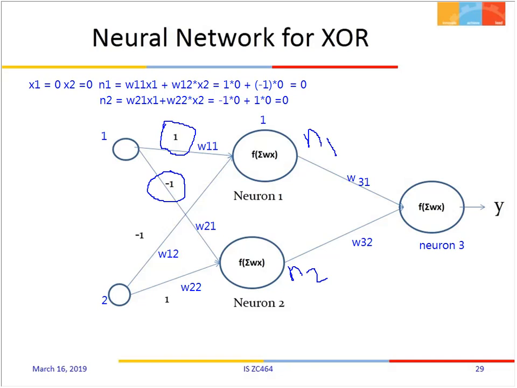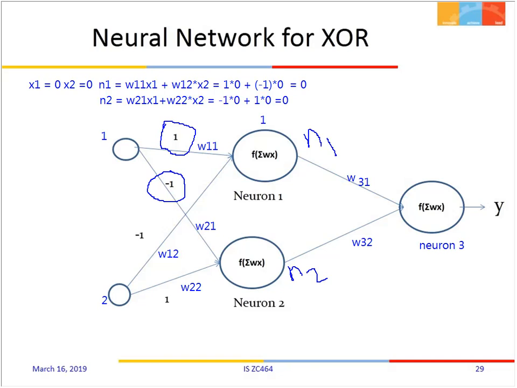Okay, so can you suggest the activation function that triggers n1 to be added at neuron 3? When do you want to trigger n1 as 1 and when do you want to trigger n1 as 0? And at the same time you may have to pick up W31 and W32 also.